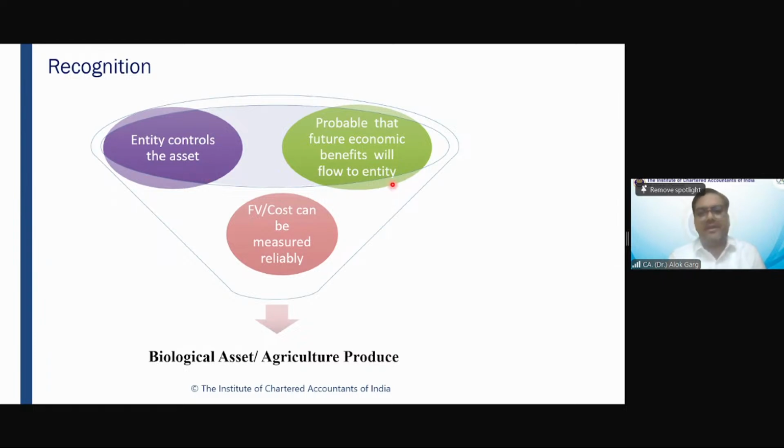Why is it important? Let me give you some examples to make you understand that this criterion is important to recognize a biological asset or agriculture produce in the books of accounts of a company.